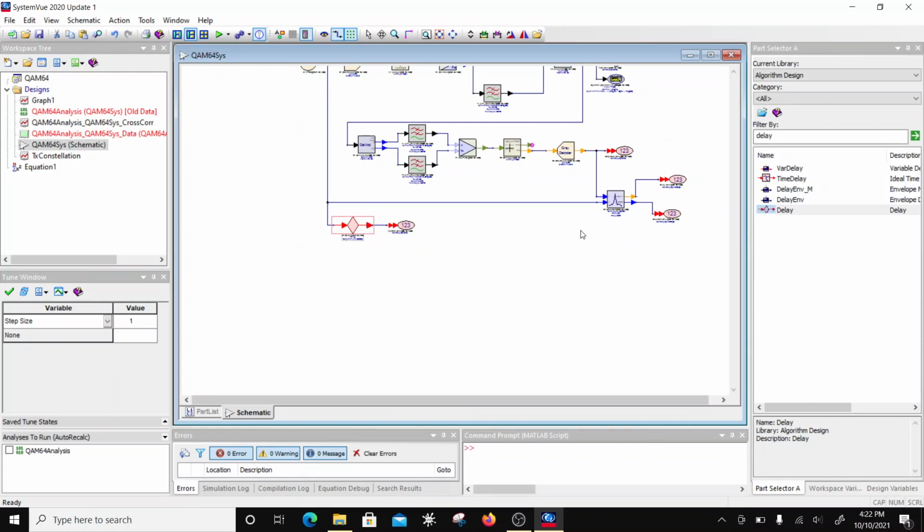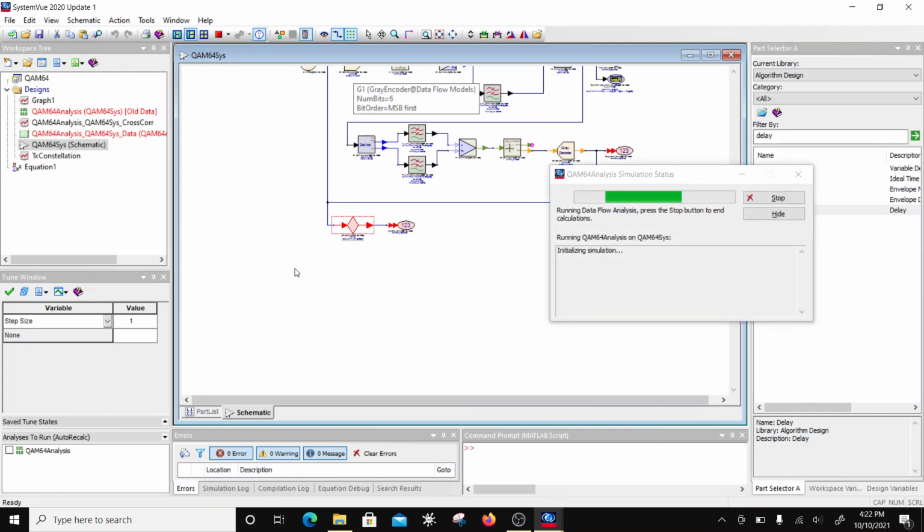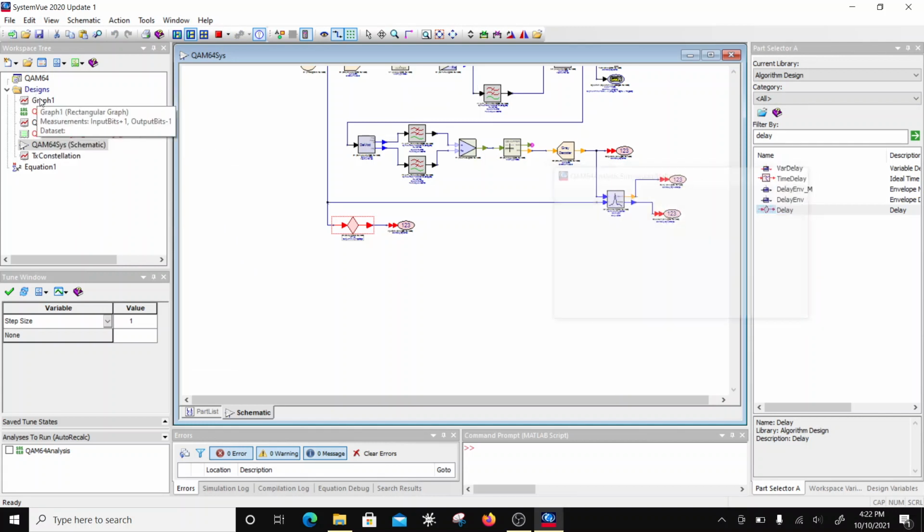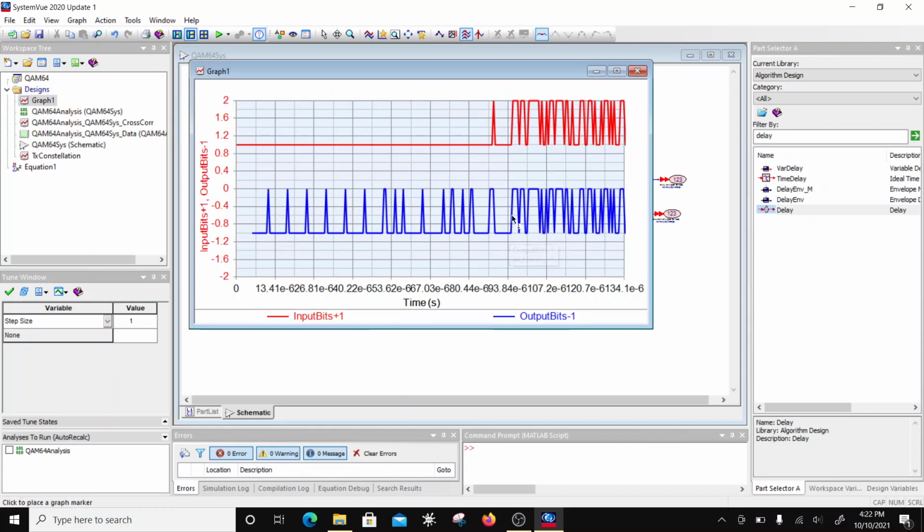Okay, so now if I was to run this again and look at this graph, now you see that these have aligned here, right?